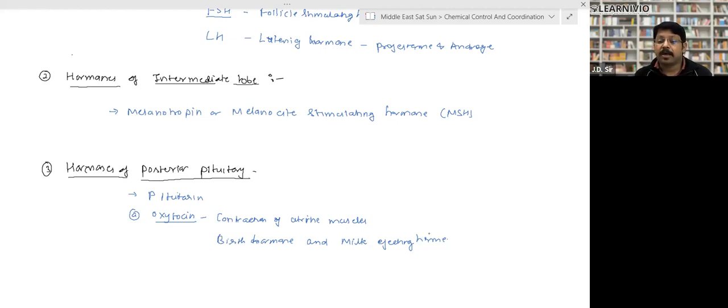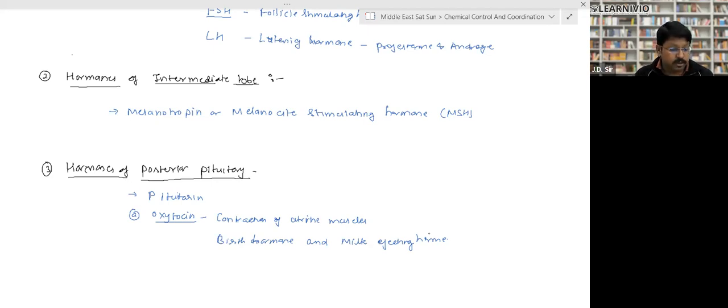After the birth, the mammary glands become active for milk feeding of the young ones. So oxytocin is also responsible for ejection of milk from the mammary gland, so that the young one can be fed. That is the function of oxytocin.